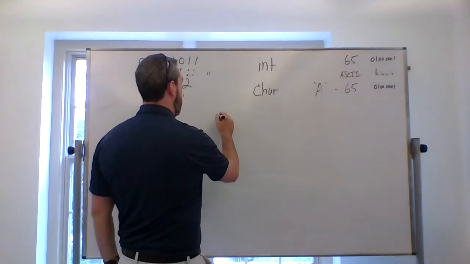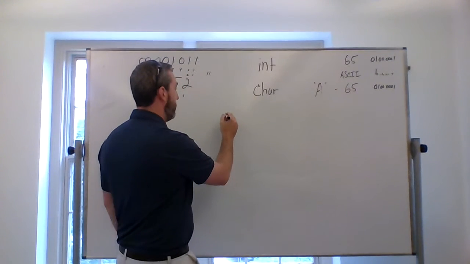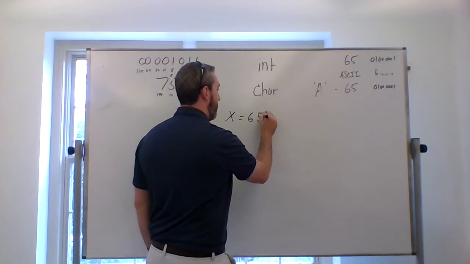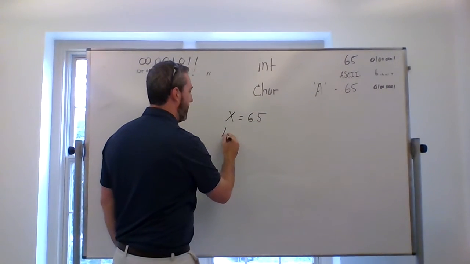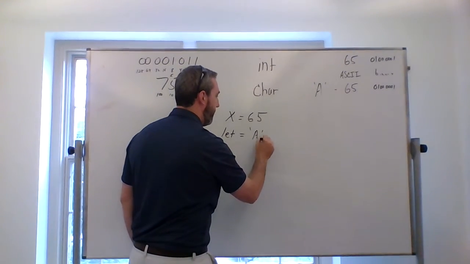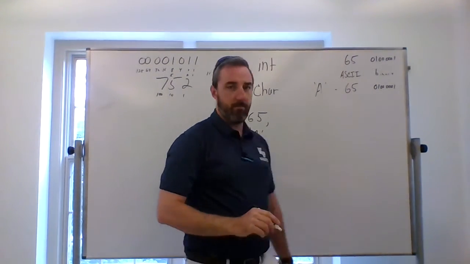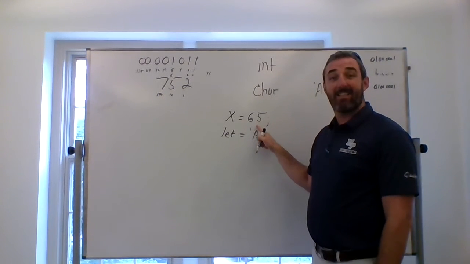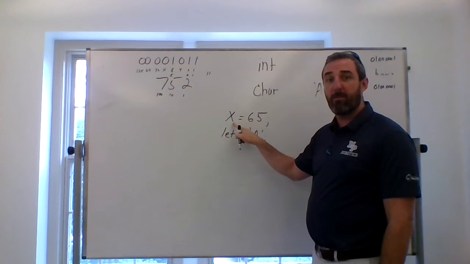So let's use int and char as an example in a computer program. Suppose I wanted to store a value, x, which is equal to 65. And then I also wanted to store a letter, let, which is equal to the capital letter A. Well, right now, both of these assignment statements are going to assign the exact same binary code to a position in memory.